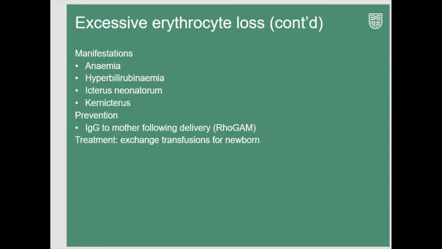You can also give an injection of rhesus immune globulin. That's a gamma globulin containing rhesus antibody, and that prevents sensitization in the rhesus negative mum who has given birth to a rhesus positive infant in the last 28 weeks.